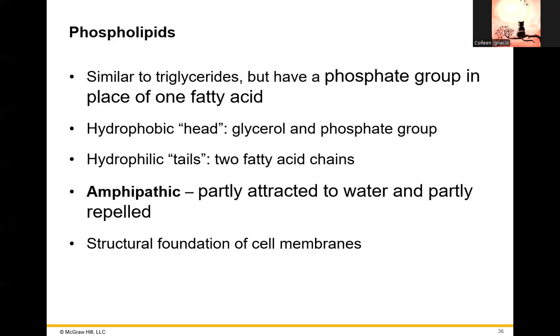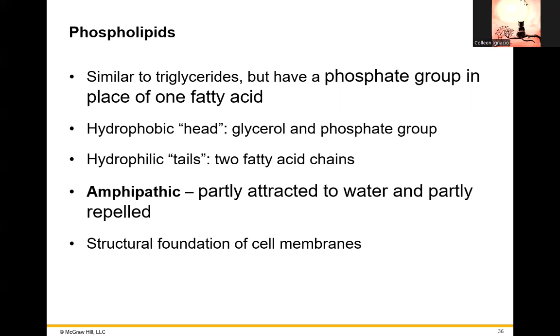So let's look at phospholipids now. Phospholipids are similar to triglycerides, but they have a phosphate group in place of one fatty acid, okay? And that's why they're called phospholipids. They have a hydrophilic head and a hydrophobic tail. Remember, hydrophobic is water-fearing, hydrophilic is water-loving, okay?